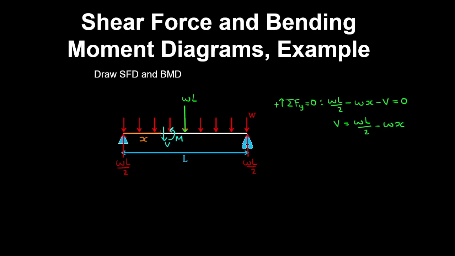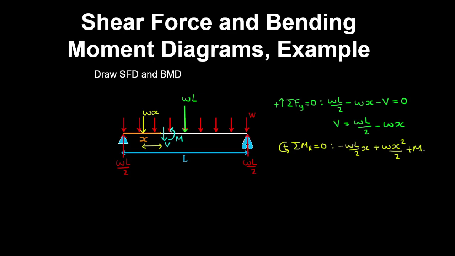Now taking an equilibrium of moments about the rightmost point of the section, with anti-clockwise being positive, we have minus WL on 2 by the moment arm, which is a clockwise moment, and then plus Wx, which is the resultant of the uniformly distributed load acting in the middle of that cut section, and by the moment arm, which is x on 2.